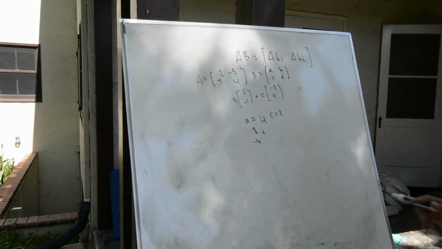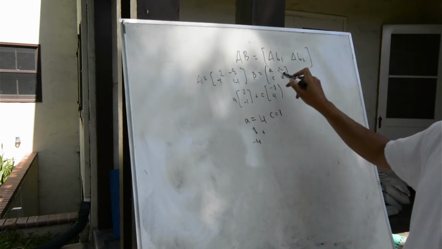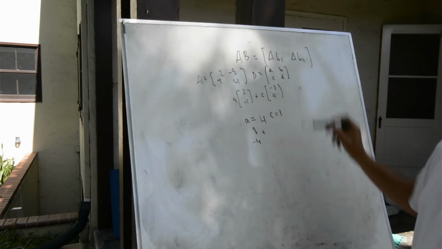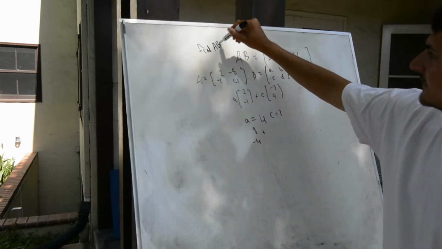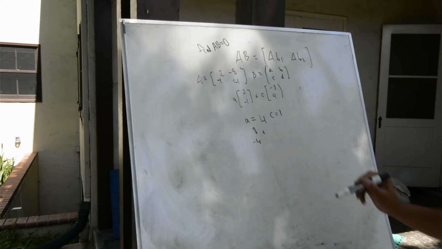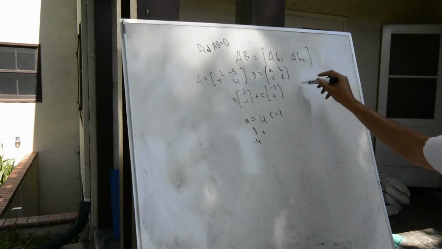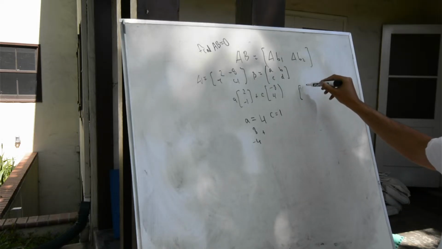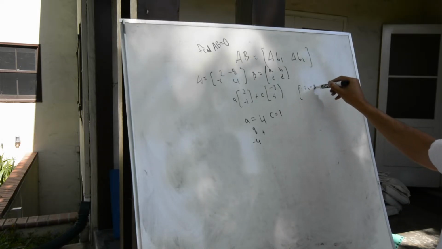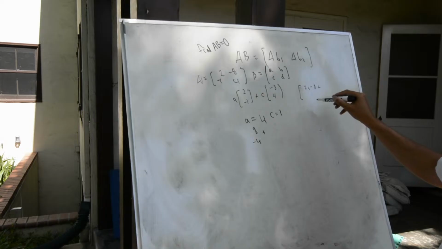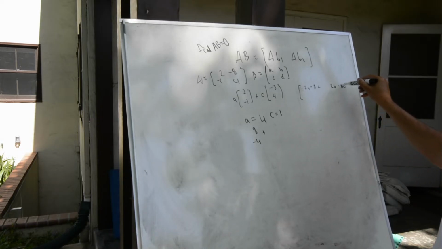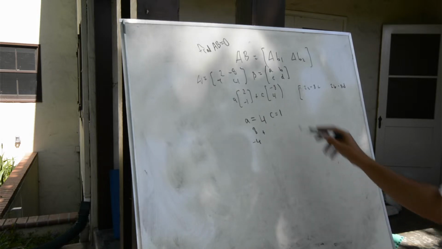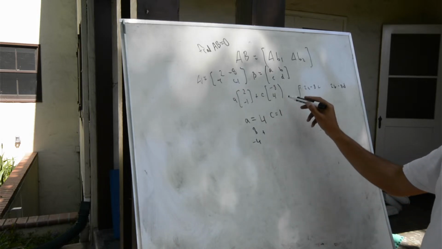Okay, so what we have here is A is this, B is just symbolic 2 by 2. And what we're trying to find is AB equal to 0. So this is going to be the first column.